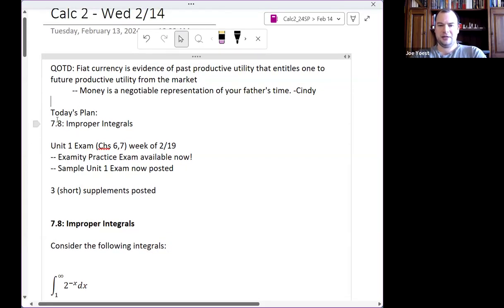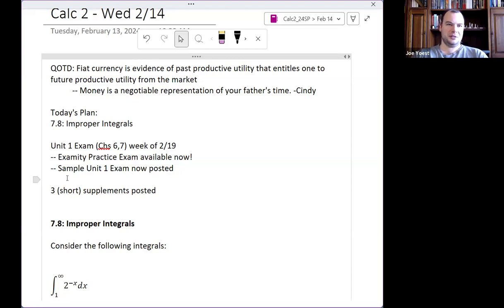So any questions on any of that coming up, the exam, anything like that? The rules and so on for the exam are posted on Examity, but basically you can use a standard size 8.5 by 11 sheet of paper front and back with notes, formulas, whatever you would like to write on it. You can use scratch paper, pen, pencil.